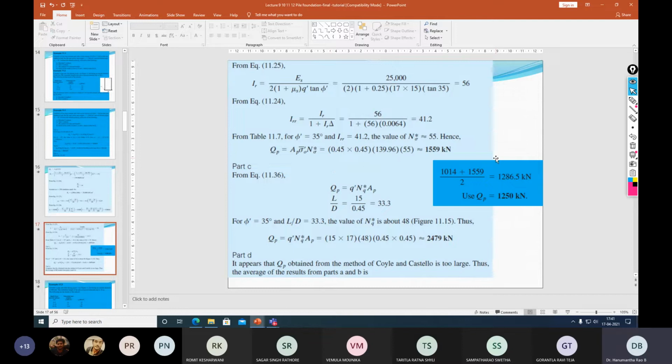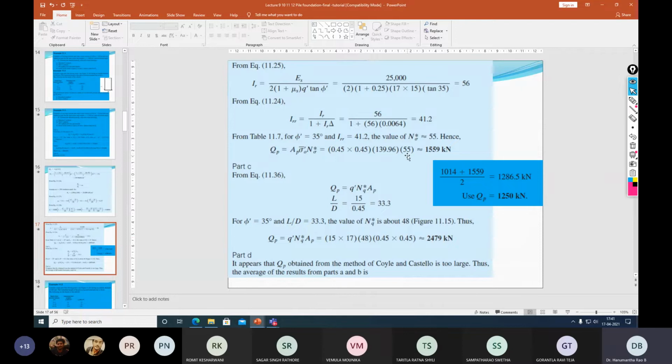You can look into the statistics. At the same time, getting a good geotechnical engineer is also very difficult. It's really tough understanding the soil.